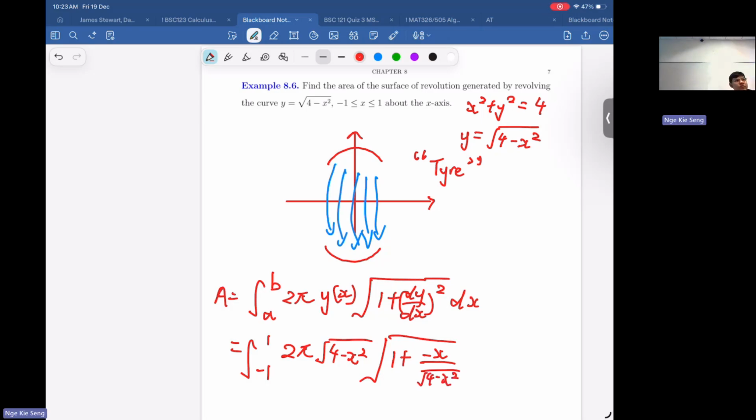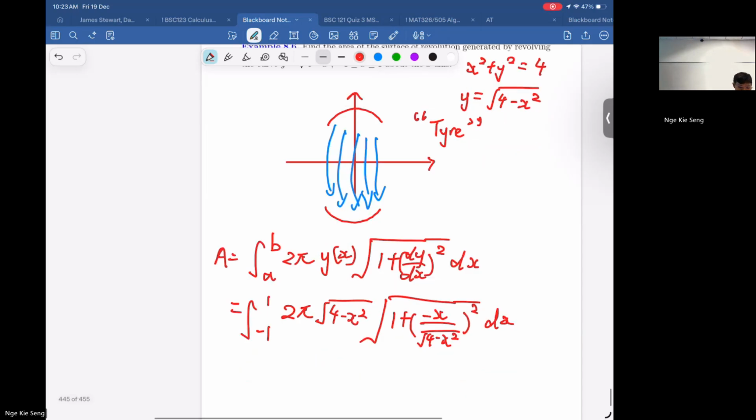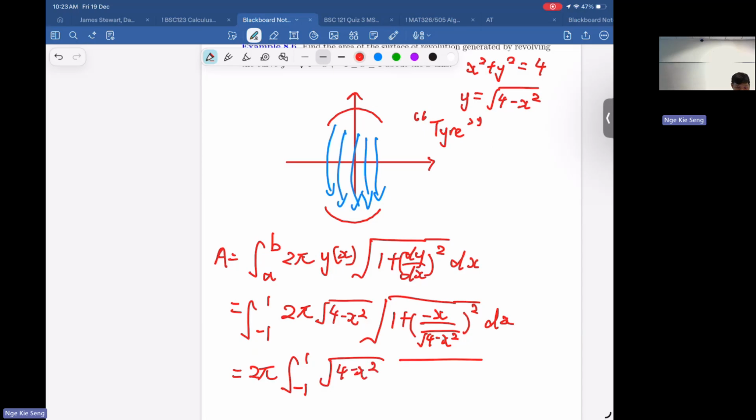You use the chain rule, and then this everything squared. So this will become 2 pi integral from negative 1 to 1 of square root of 4 minus x squared times square root of 1 plus x squared over 4 minus x squared.